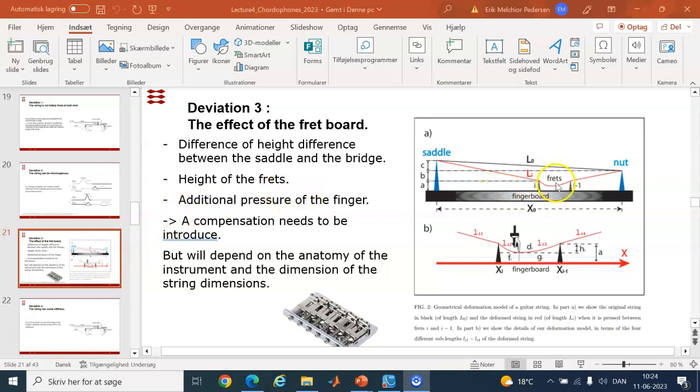Height of frets and additional pressure of the finger, a compensation needs to be introduced, but it will depend on the anatomy of the instrument and the dimension of the string instruments. We have here a saddle and a knot. Frets here, fingerboard, and X0, this distance between the saddle and the knot.